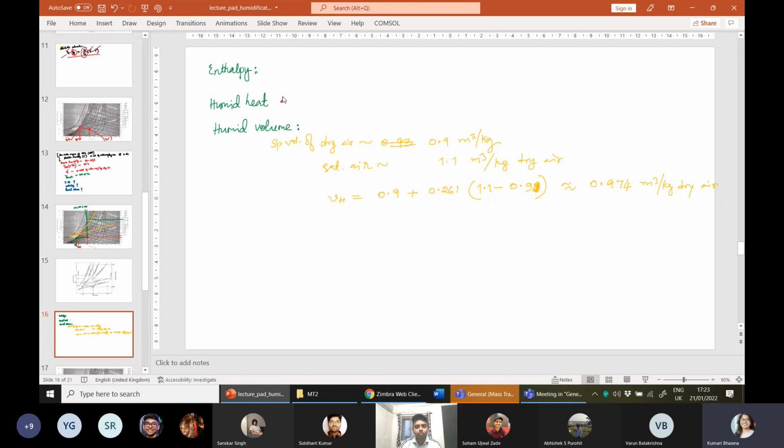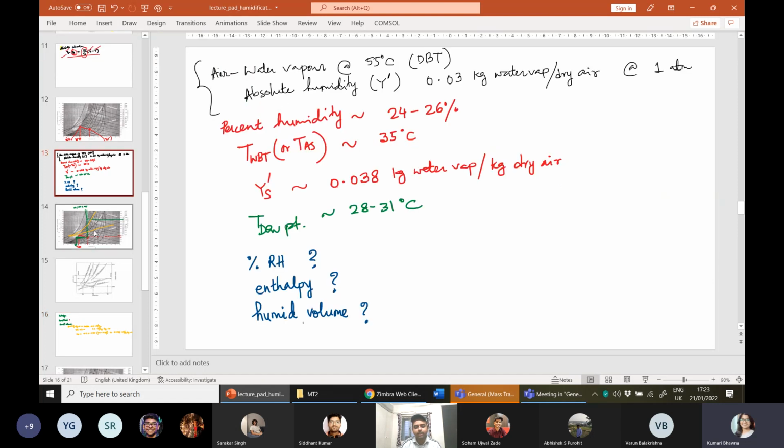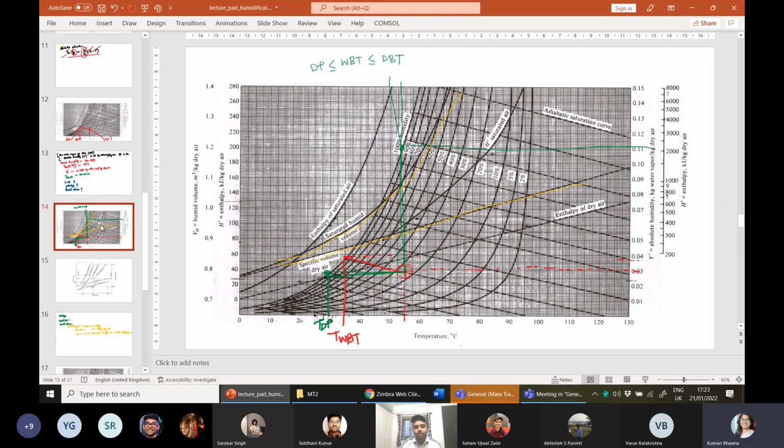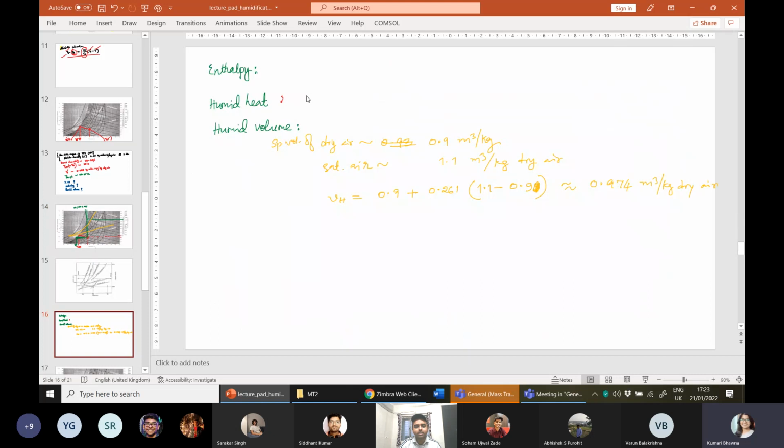how will you work out for the humid heat? You will see that there are two lines. One is for the heat, that is for the enthalpy. For the humid heat, you already know the formula, right? 1005 plus y bar into how much? 1.88. 1.005.